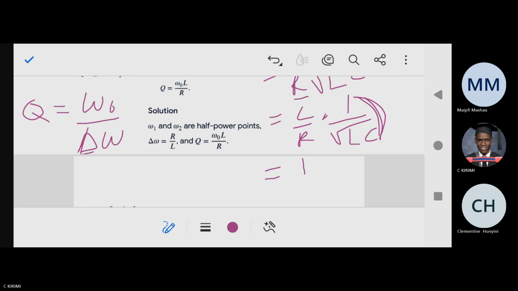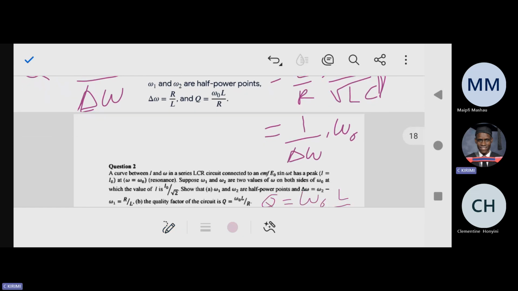1 over change in omega. Then multiplied by 1 over root of LC, which is W naught, the resonance frequency. Multiplying the numerator as a fraction, denominator by denominator, what are you left with?